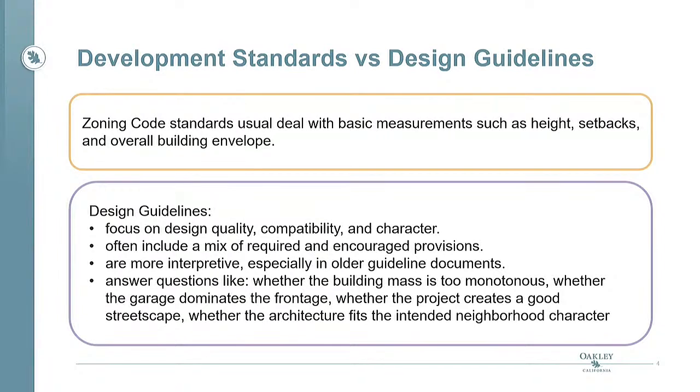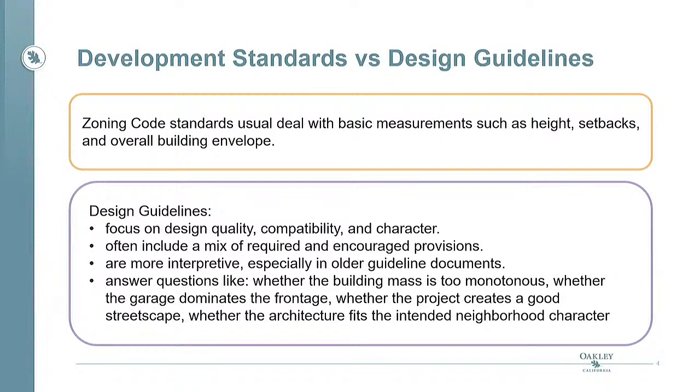There are two different terms we use a lot: development standards and design guidelines. Development standards are zoning standards. You find them typically in the municipal code. They're like height and setbacks. They regulate the overall building envelope, and those are the oldest standards that we use in planning in America. Design guidelines focus on design quality, compatibility, and character.